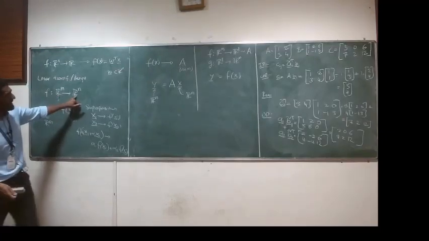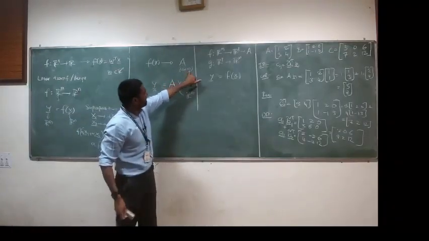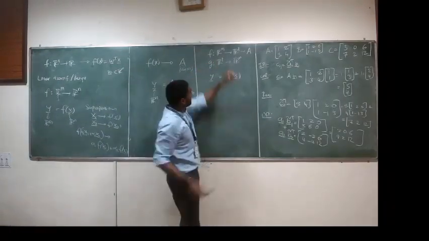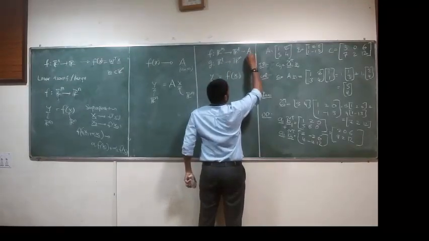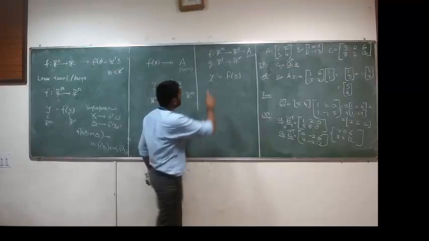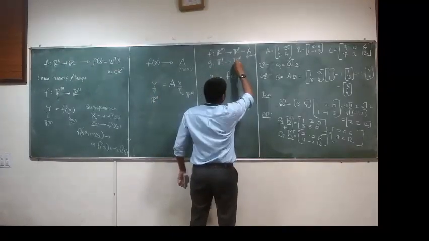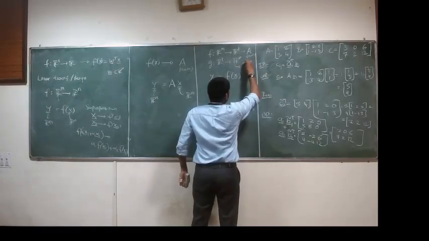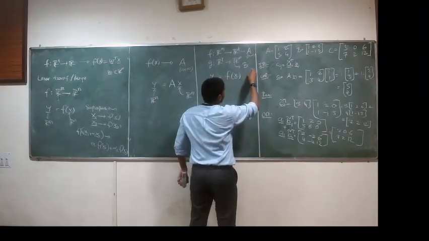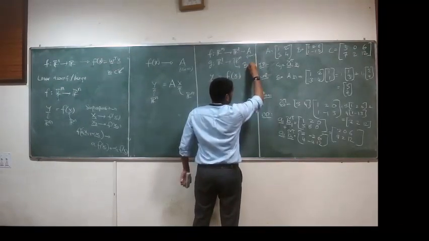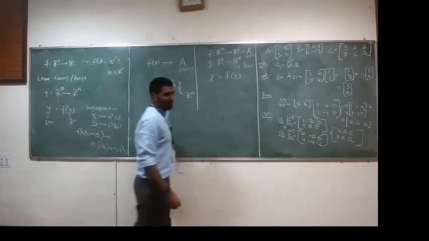F maps from m to p, that means this has to be p cross m. Similarly, there is another function G that maps from p to n. Let's say that's represented by the matrix B. What will be the size of this? It will be n cross p.